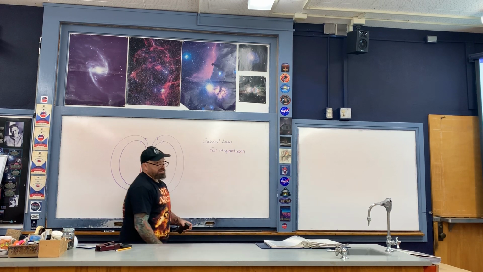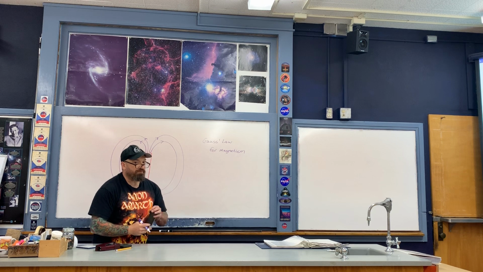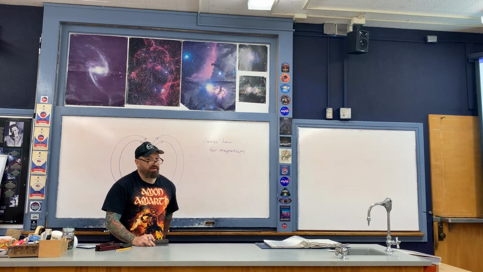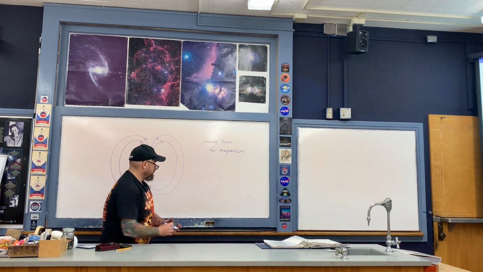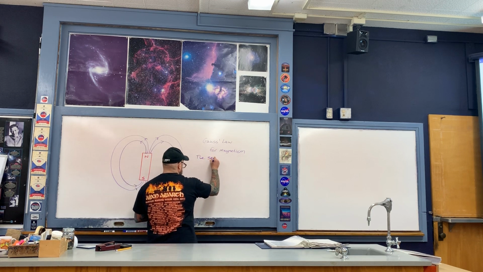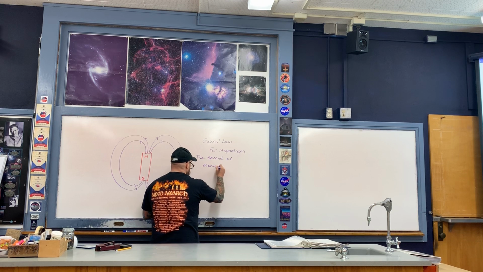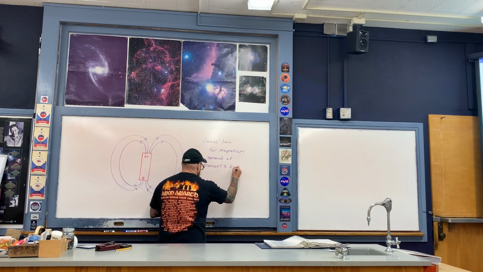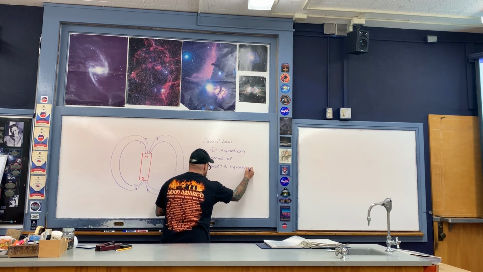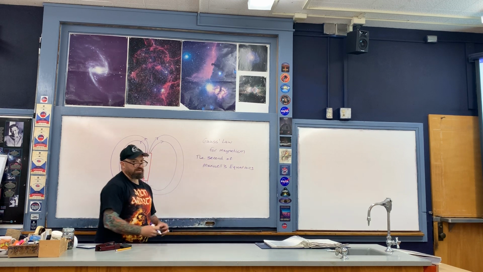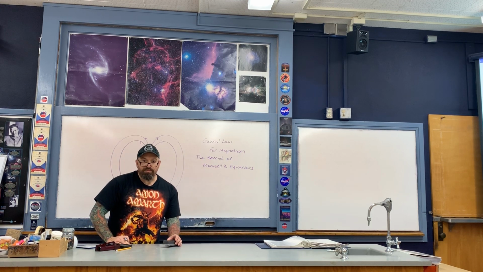Gauss's law for magnetism is the second of four fundamental relationships that describe the electromagnetic force, Maxwell's equations. Second of Maxwell's equations. Okay, here's then how we describe this expression.